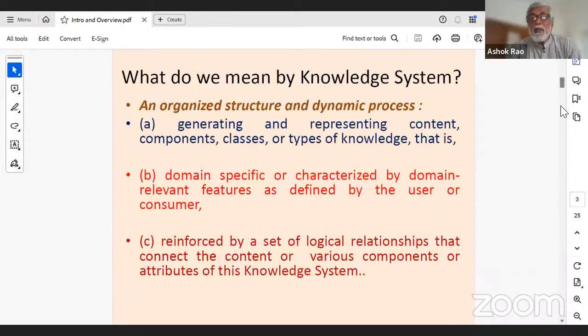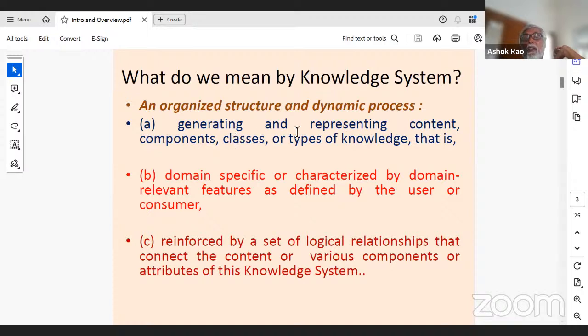So what do we mean by a knowledge system? First thing, it's an organized structure and a dynamic process, like your college or your university, whatever it is. What does it do?